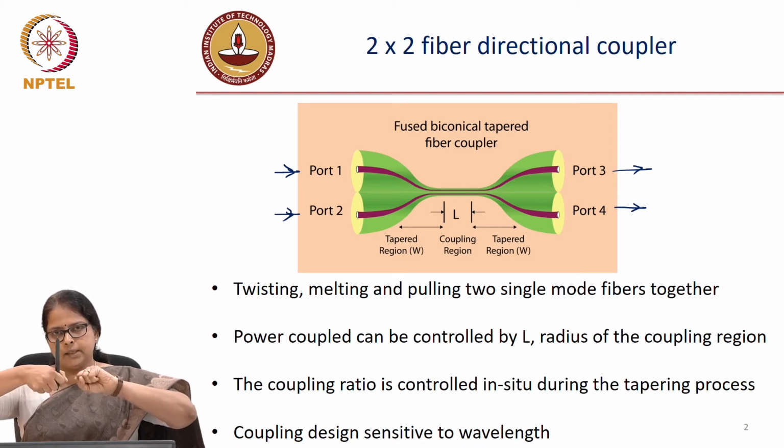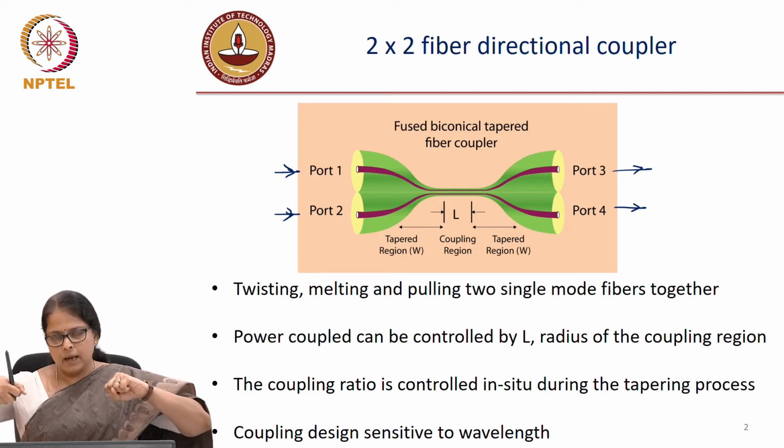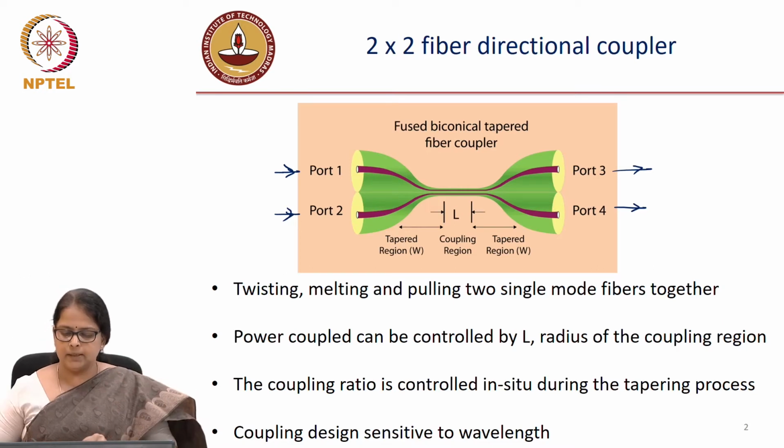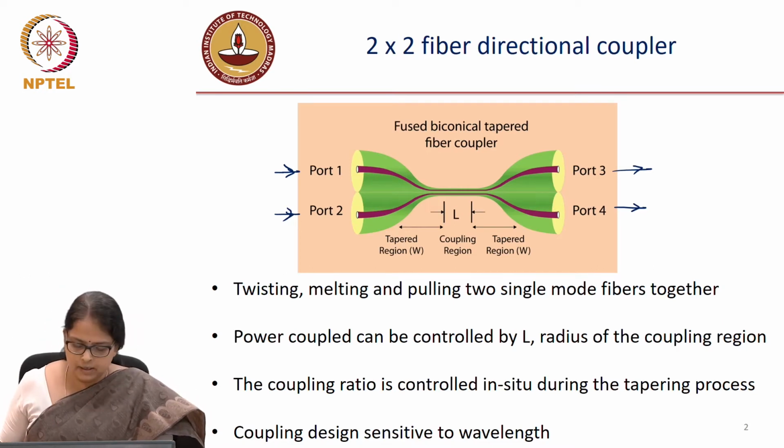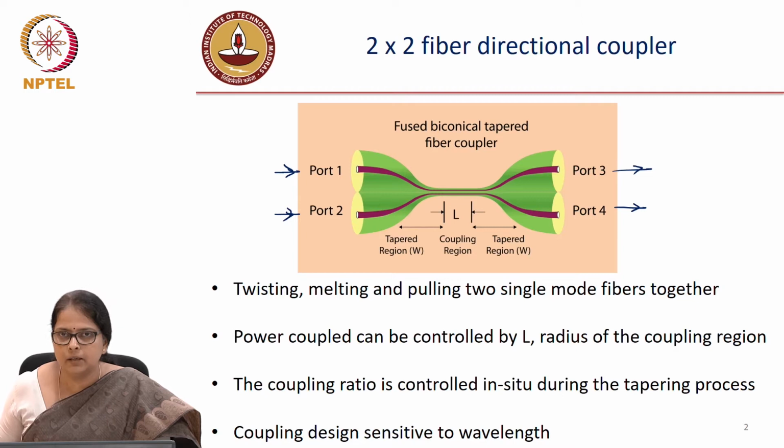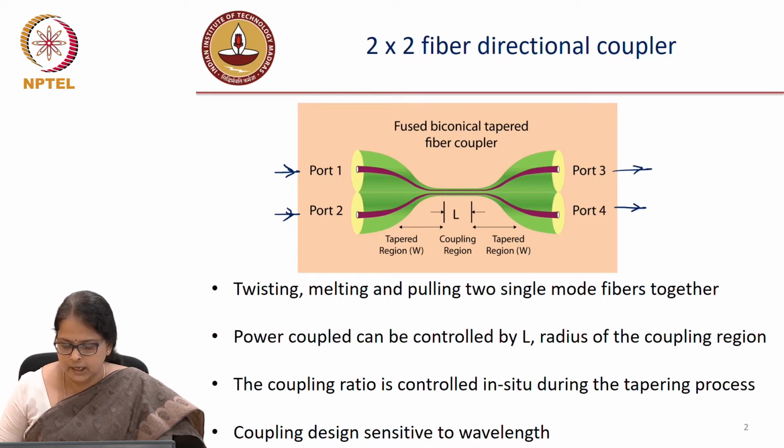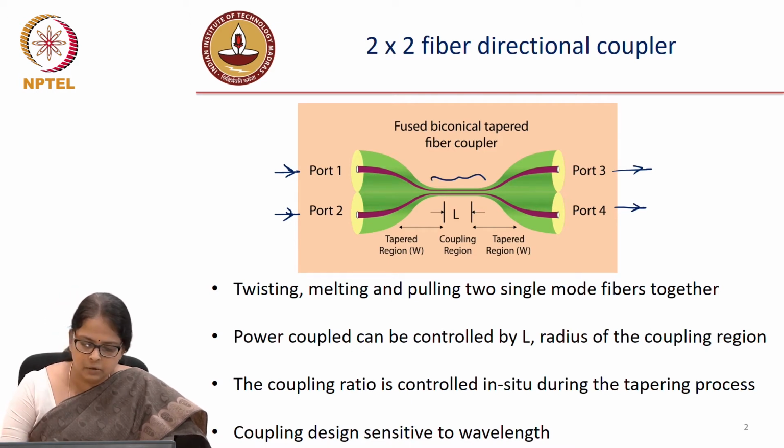So you twist, melt, pull, and when you do this process, you can control the power coupled between the output ports. You can change the power by controlling the length of this coupling region. So this is the region.